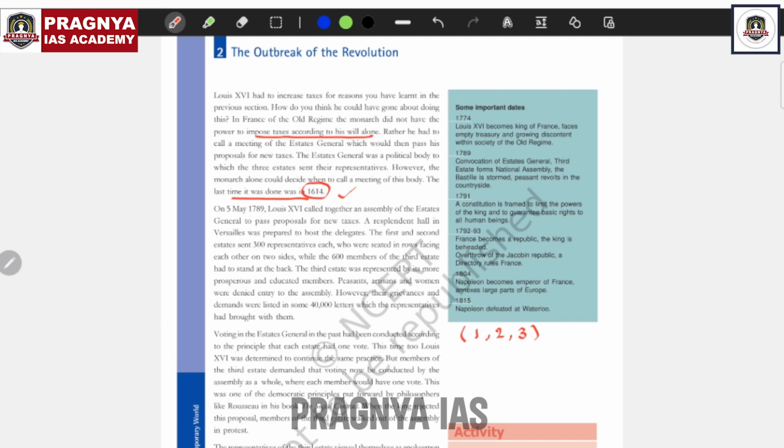The representatives from the first estate, 300 members, came, from the second estate, 300 members, came, and from the third estate, 600 members came. Why did the 600 members of the third estate have to stand at the back? These representatives from the third estate were more educated and more prosperous.